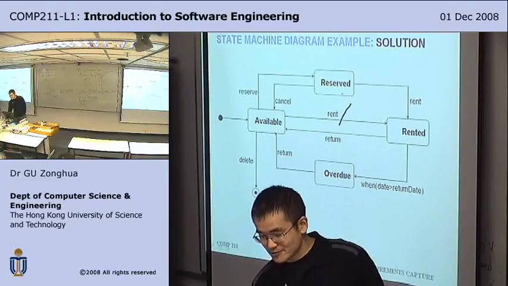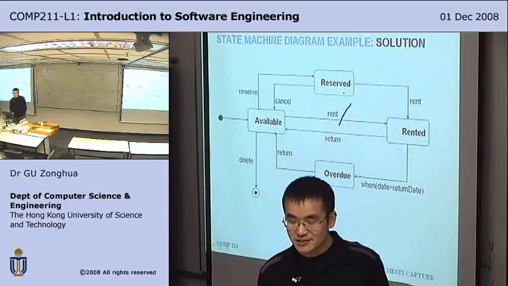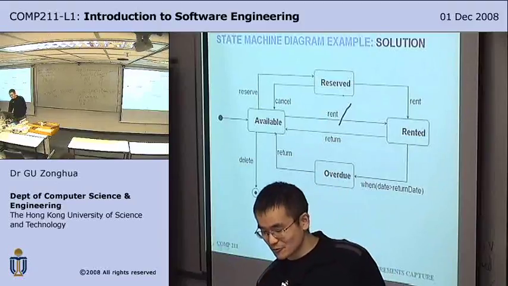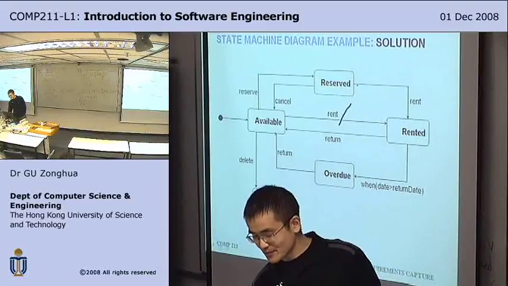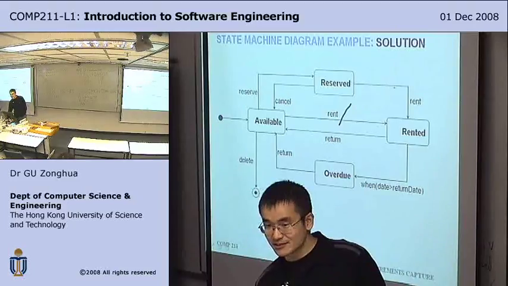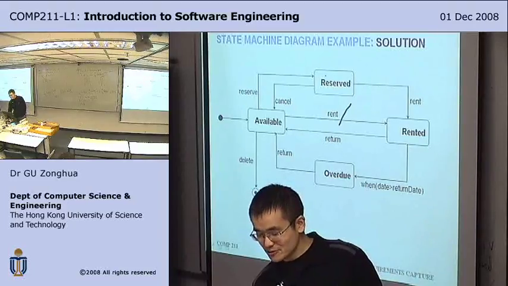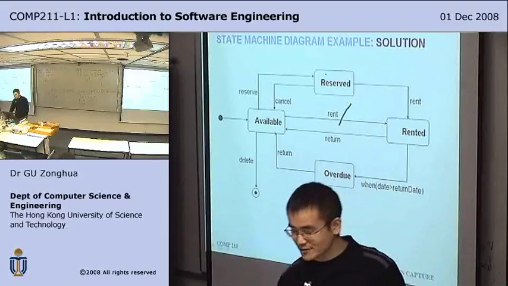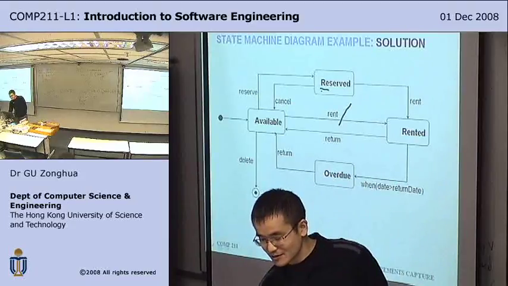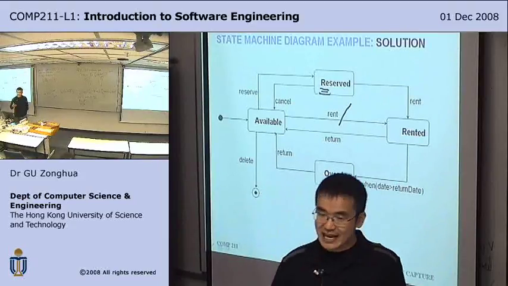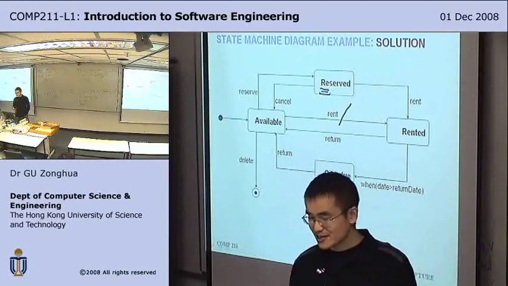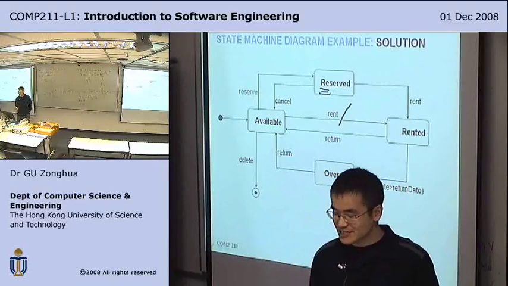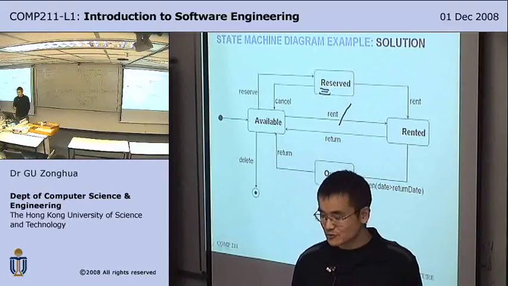Oh, right. For this guy, there's a reason: whenever this event is received, it goes into another state. Only when you get an event, you do something and you stay in the same state, then you write something inside, right? In this particular case, there happen to be no self-transitions.